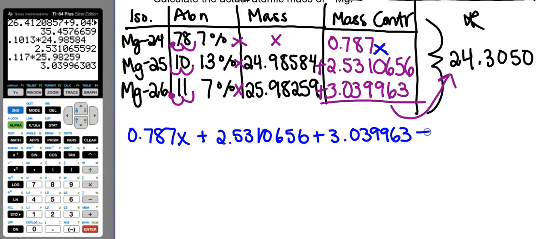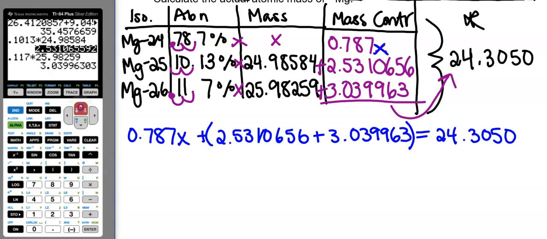All that added together equals 24.3050. Alright, so when we do algebra, the first thing we usually want to do is see if we can combine some like terms. So our two values right here, these are like terms, so we can combine those.